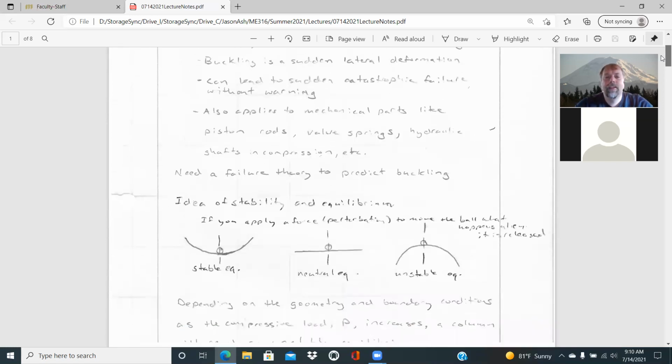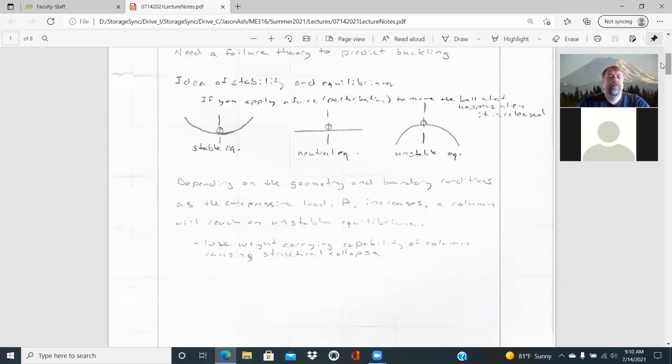And that kind of just touches on then that idea of stability and equilibrium. And this kind of touches then on what you have learned or will learn in your ME 352 dynamic systems or controls class, when they start talking about different types of systems.